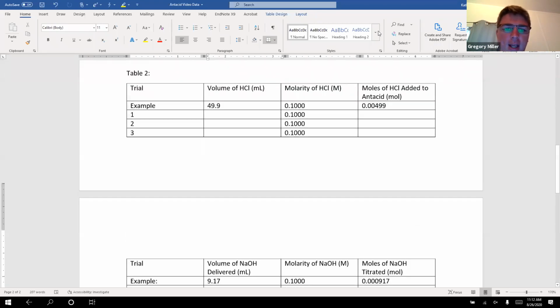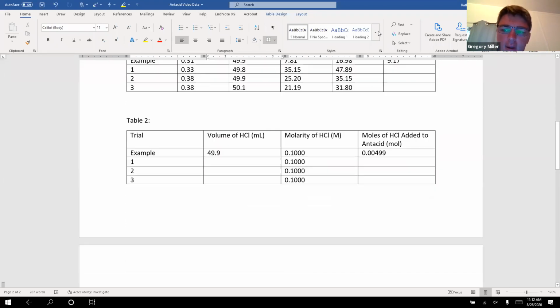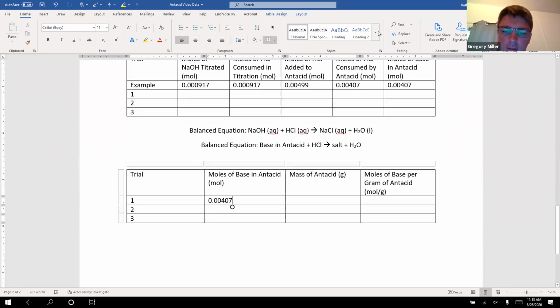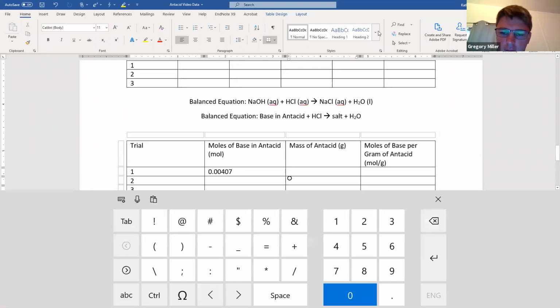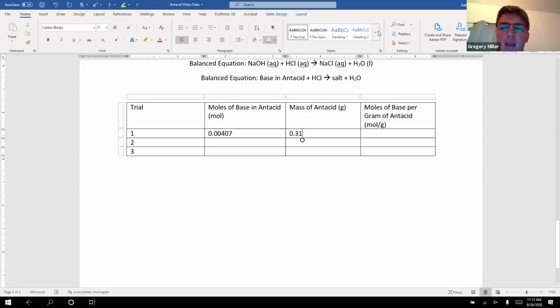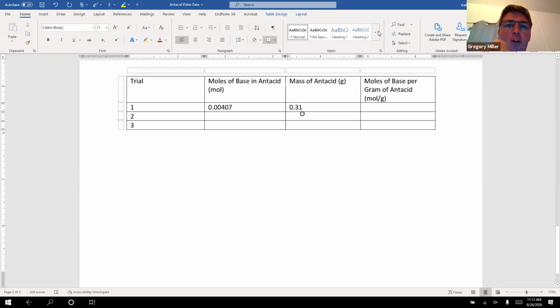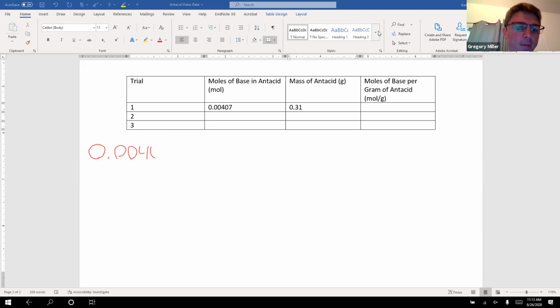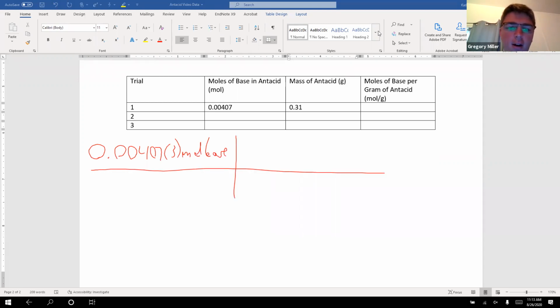So the mass of the antacid that we found up here is 0.31 grams. And that's one of our measured values. So now we can find the moles per gram, which should hopefully be pretty constant across all of our samples. Again, I remember that there was a 3 there, so I'm going to use it as a guard digit.